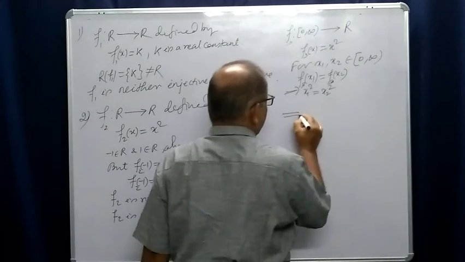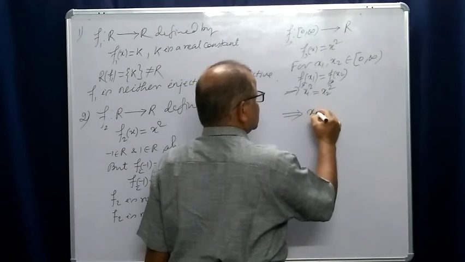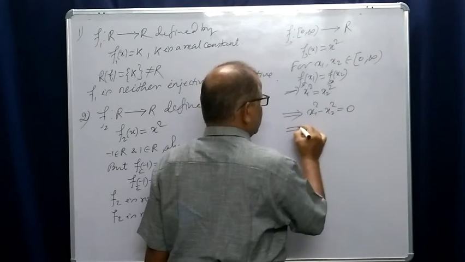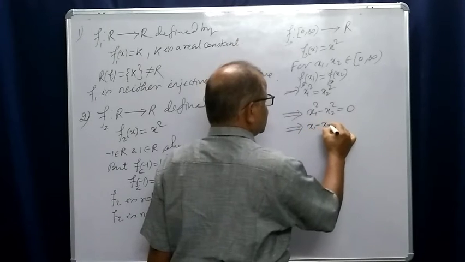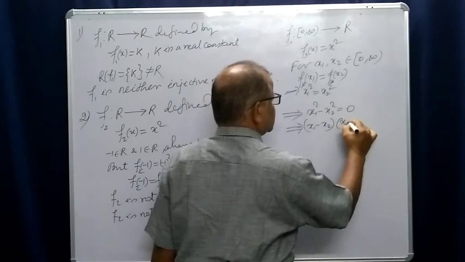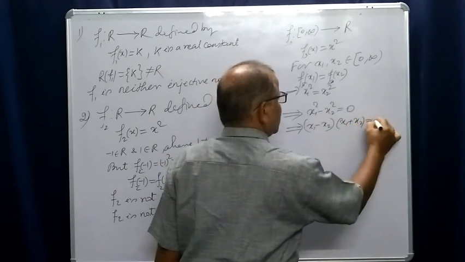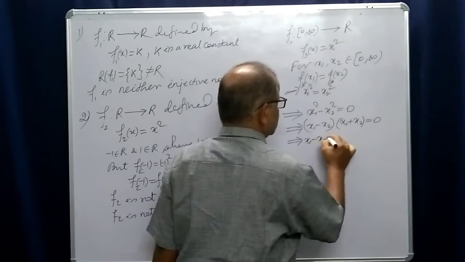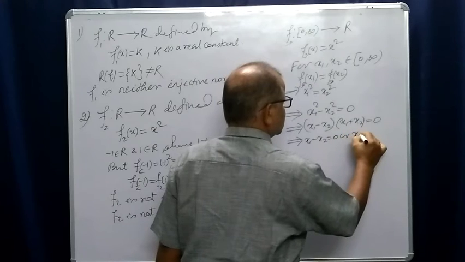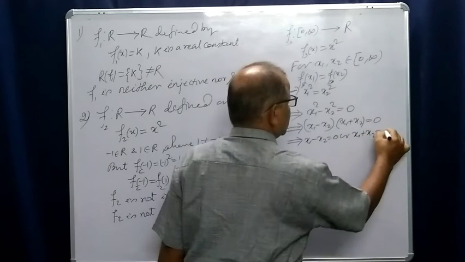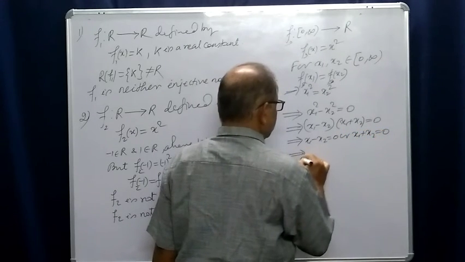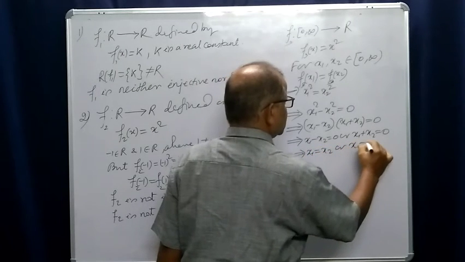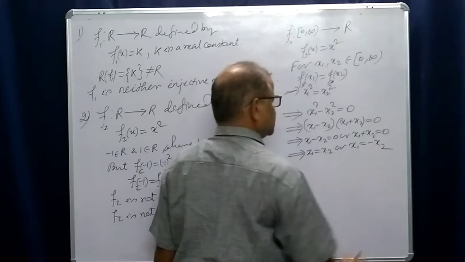And this implies x1 square minus x2 square is equal to 0, implies (x1 minus x2) into (x1 plus x2) is equal to 0. This implies x1 minus x2 is equal to 0 or x1 plus x2 is equal to 0. This implies x1 is equal to x2 or x1 is equal to minus x2.